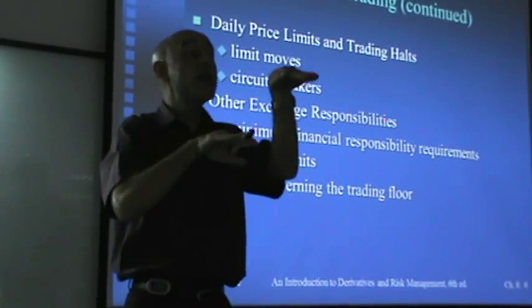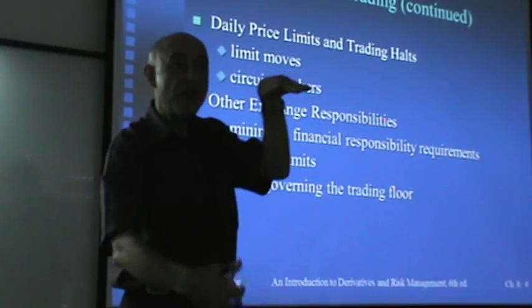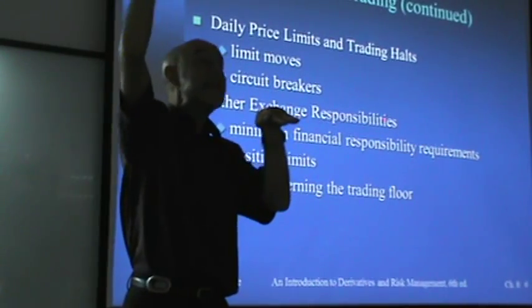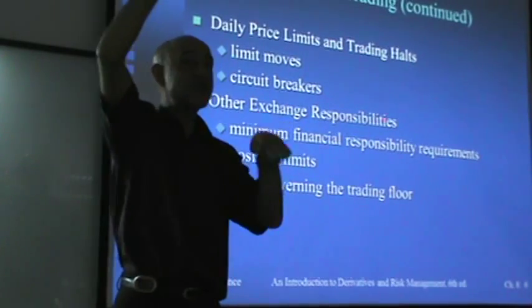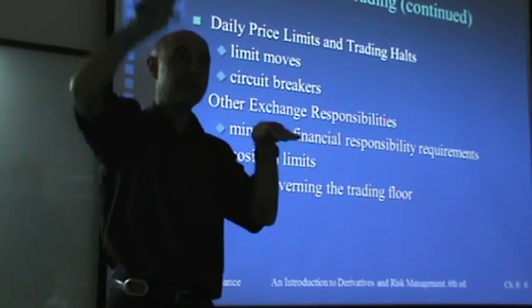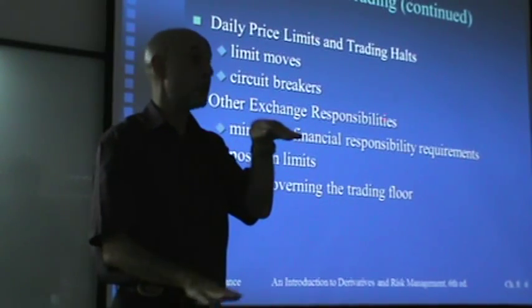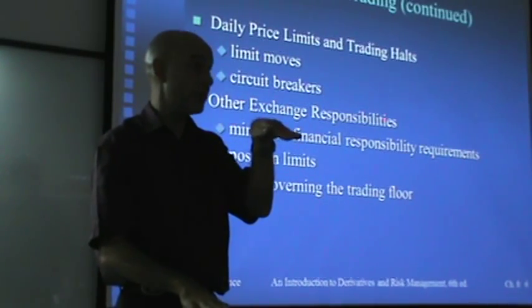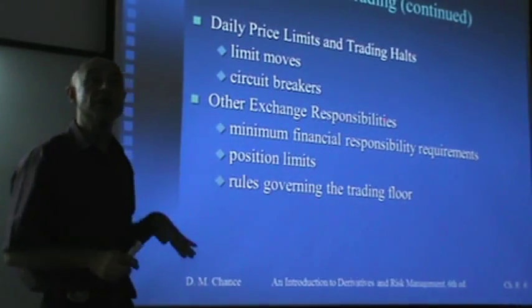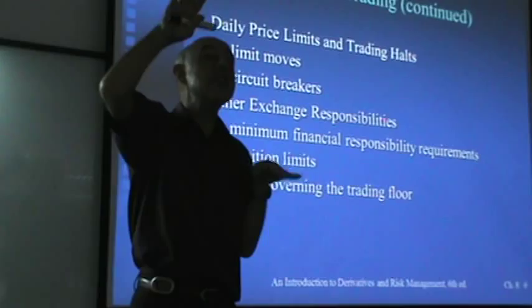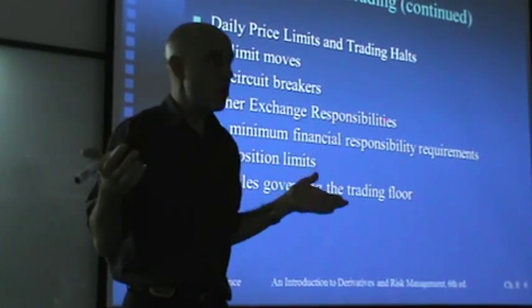Or $100 below. You cannot trade below. So, the price stays at the limit. If the limit is above, we say up limit. And if it's below, we say down limit. Okay? Limit down. So, limit up and limit down.